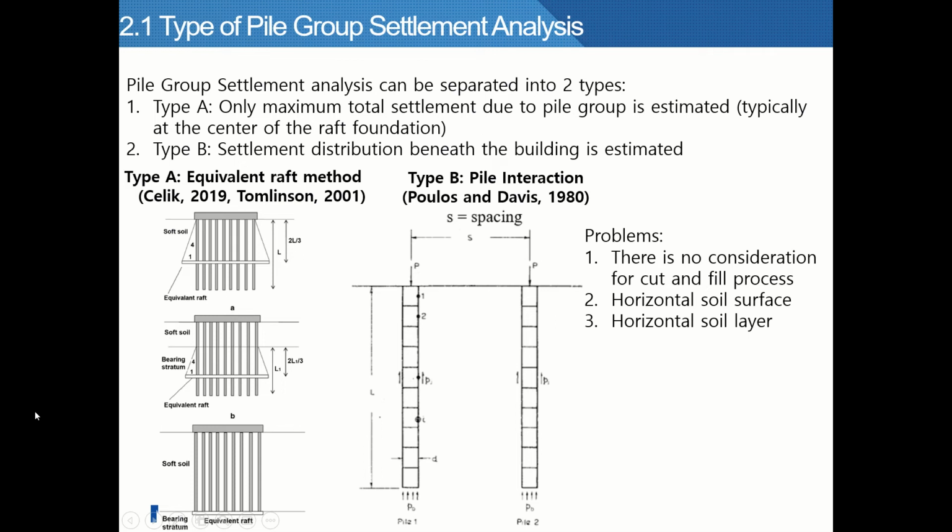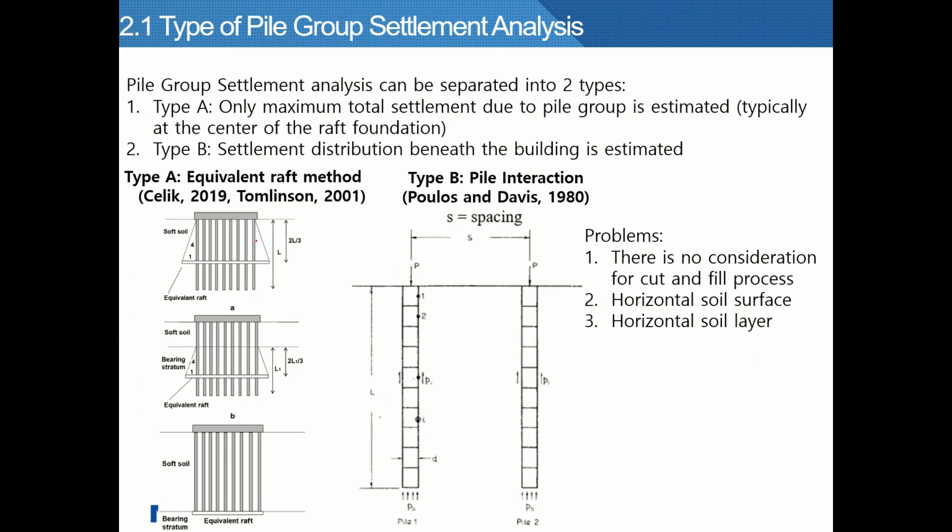The first type is when the method only considers the maximum total settlement due to the pile group. One of the most famous is the equivalent raft method, where we assume that there is a raft below the pile foundation.